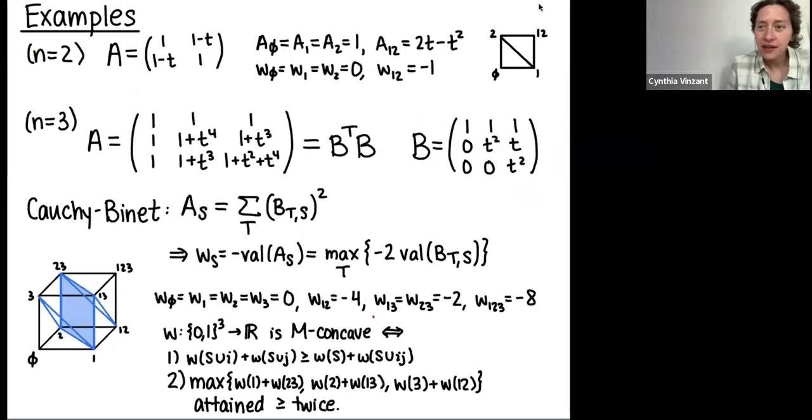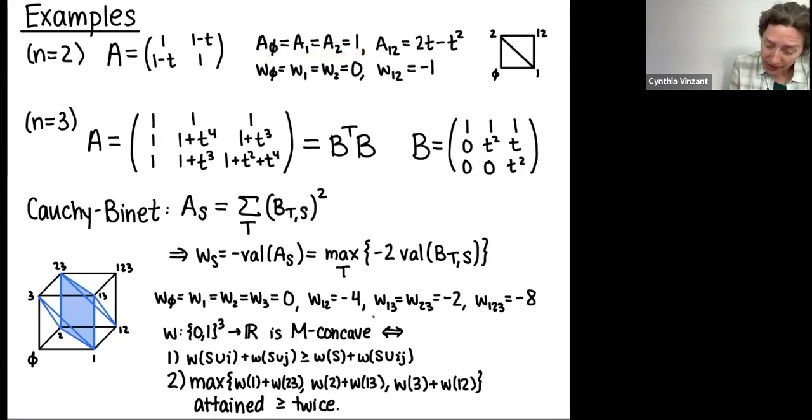So just to do some examples, we take a 2 by 2 matrix. I can claim that the following 2 by 2 matrix with diagonal entries 1 and off diagonal entries 1 minus t is positive definite. This is a real symmetric matrix. You can check that the minors, the empty minor and the 1 by 1 minors are all 1.